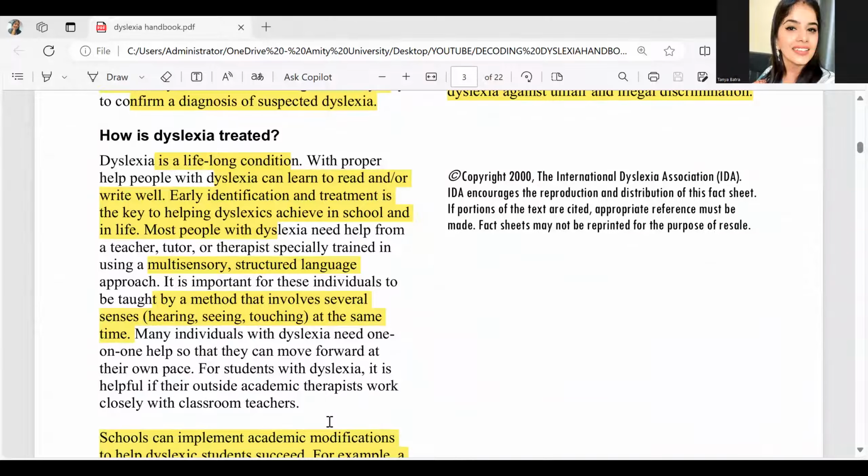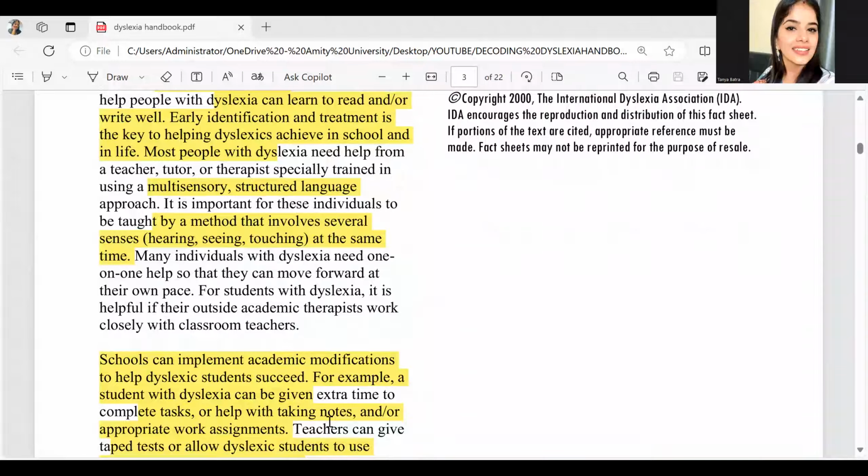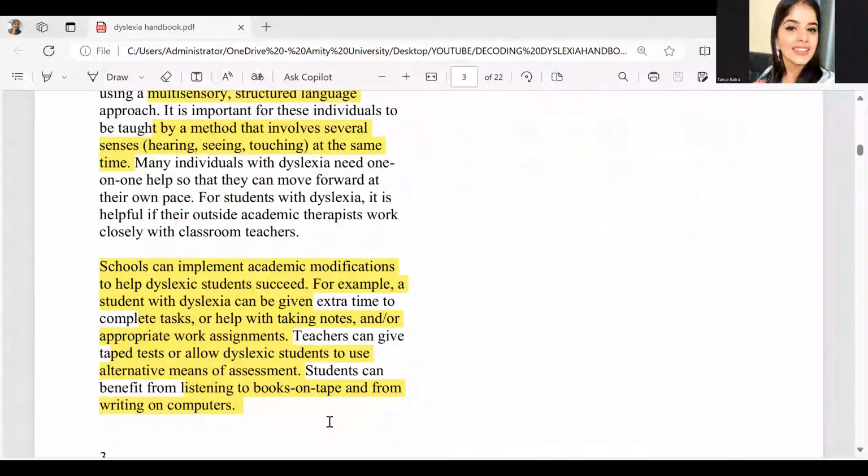They can be taught by several methods which involve several of their senses, like hearing, seeing, touch, and kinesthetic movements. Schools can implement academic modifications, which means changes that can be given during examinations and instruction to help dyslexic students succeed.